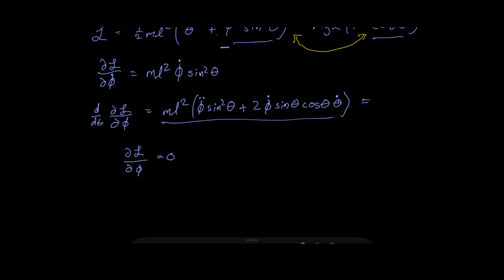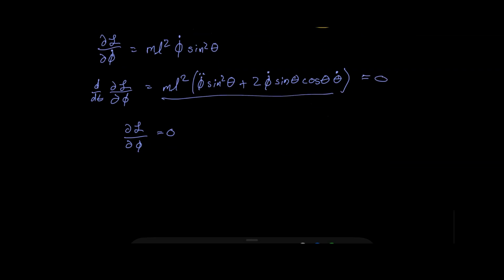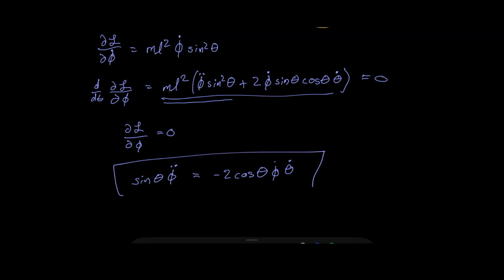So we get this expression only equal to 0. And we can actually divide by ml squared and also one sine theta. And that's going to get us sine theta phi double dot equals minus 2 cosine theta phi dot theta dot. And that is it.